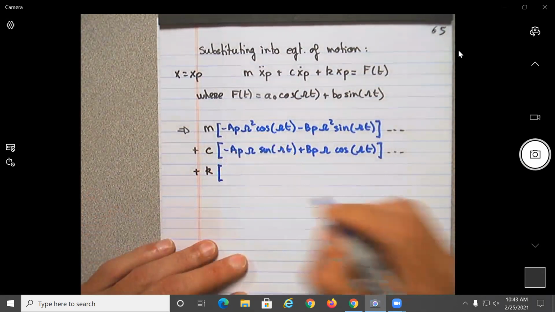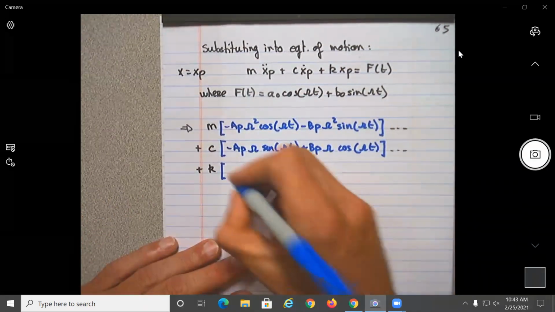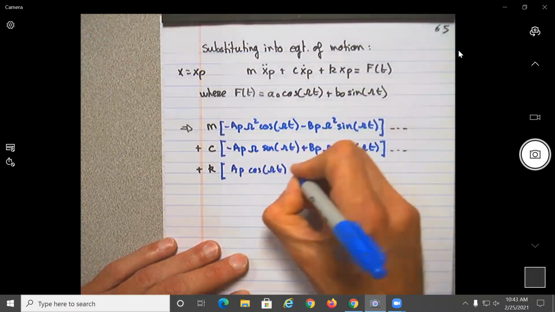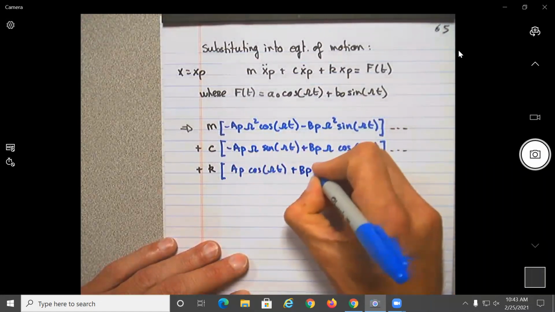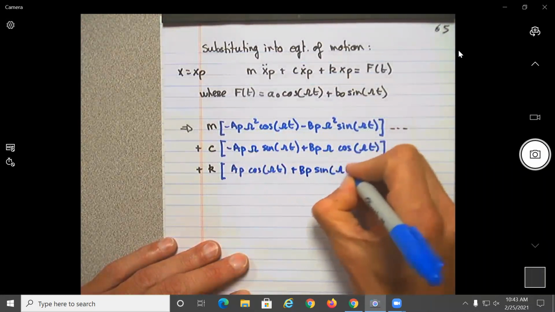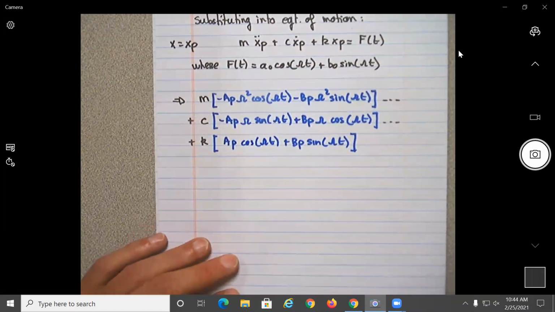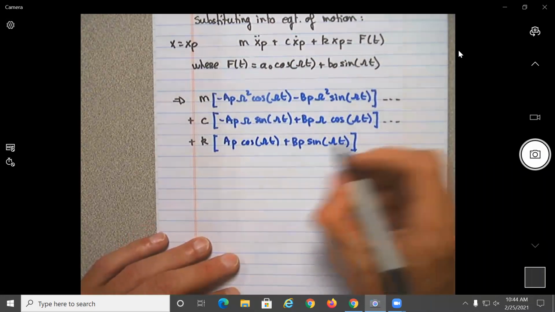So now it's just the assumed one. x of p is a p cosine omega t plus b of p sine capital omega t.